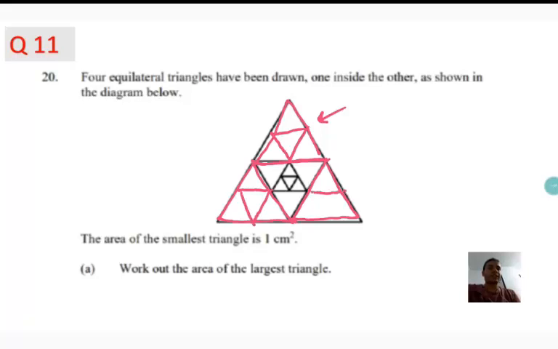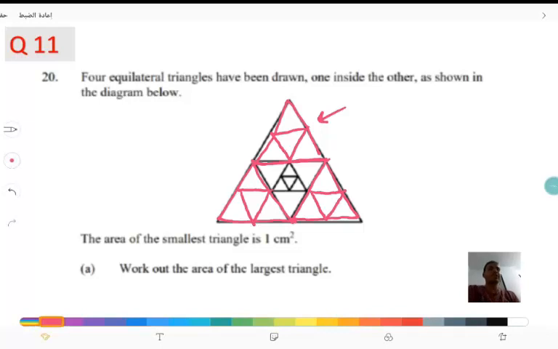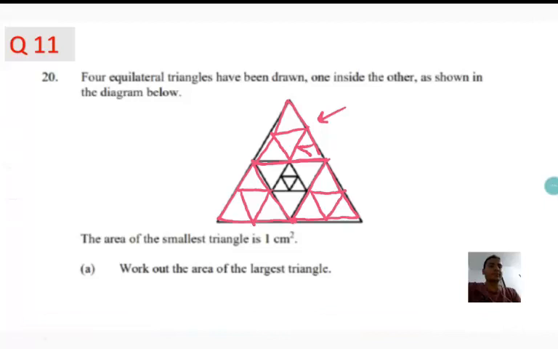Alright, let's do that for the other triangles. Each one of the equilateral triangles can also be divided into 4 equilateral triangles, like that.